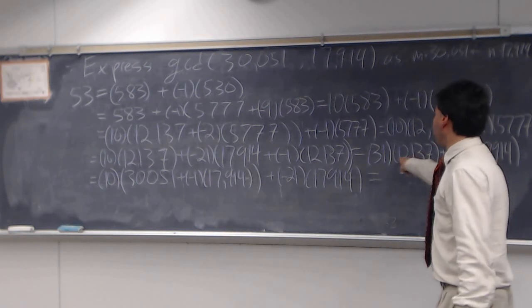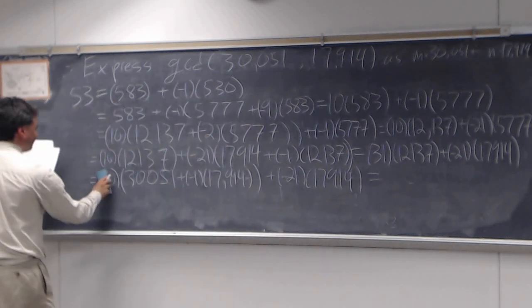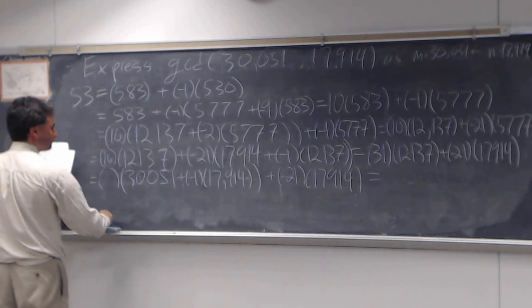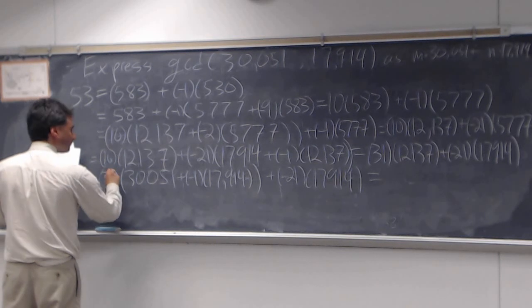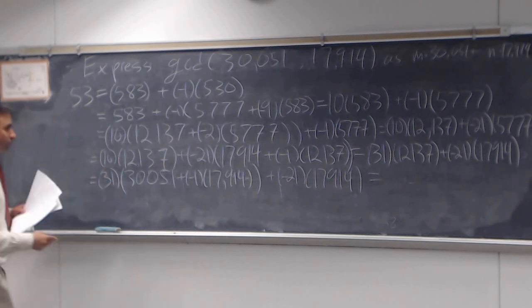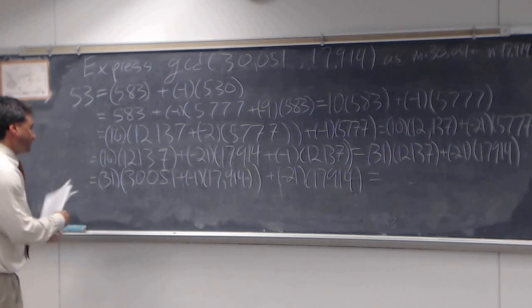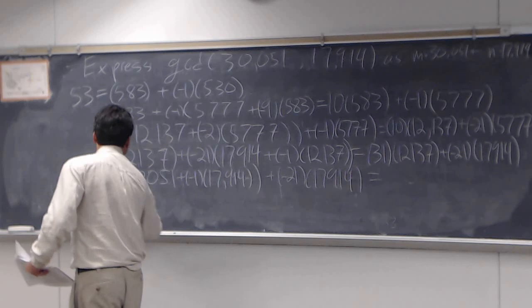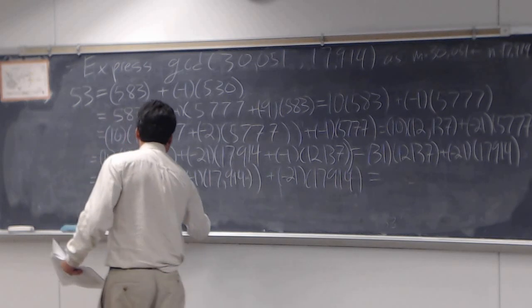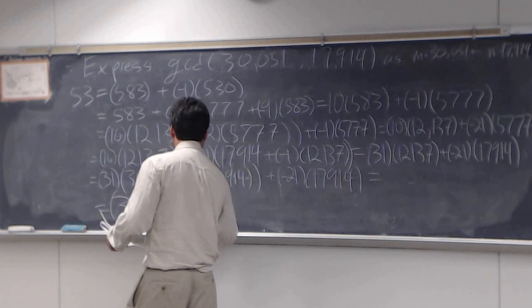This is 31 times this 12,000. So here we have just 31 times 30,051.